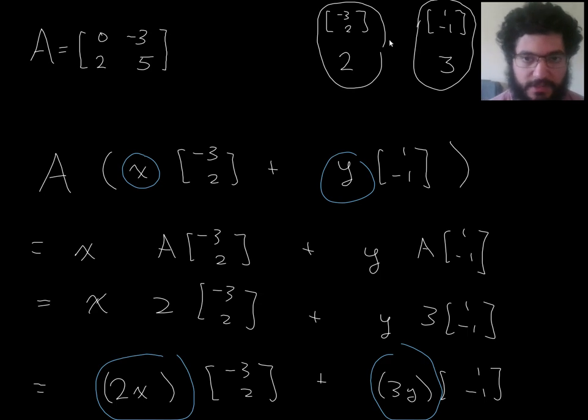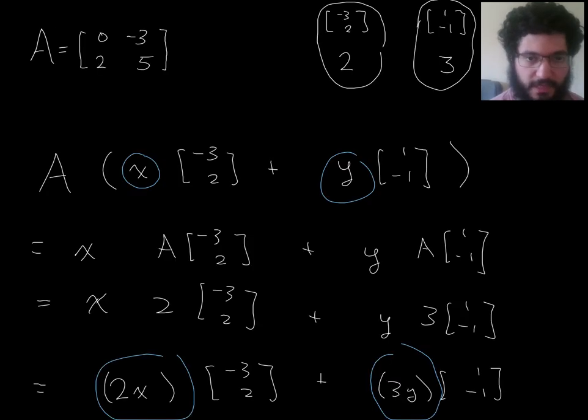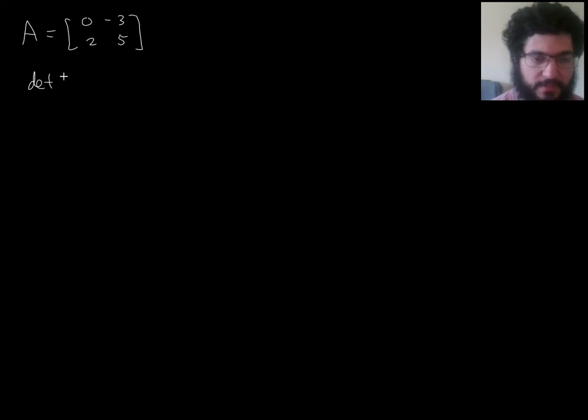So hopefully when we do it, we'll get this answer. What was it? 0, -3, 2, 5. Okay, so first we find the eigenvalues. So the possible eigenvalues are the ones that solve this.